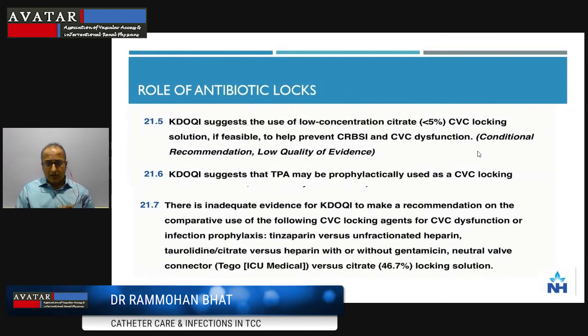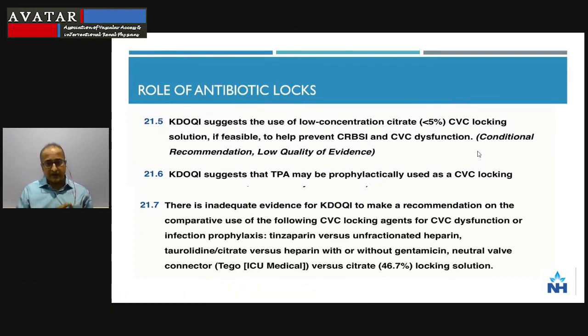Coming to antibiotic locks, what KDOQI says is that low dose citrate is probably the best in terms of both anticoagulant and preventing infection, because it's an antiseptic as well. Beyond that, it says there is no real advantage of using antibiotic locks in preventing infections. Any unit should have fewer than 1.5 catheter infections per 1,000 catheter days.